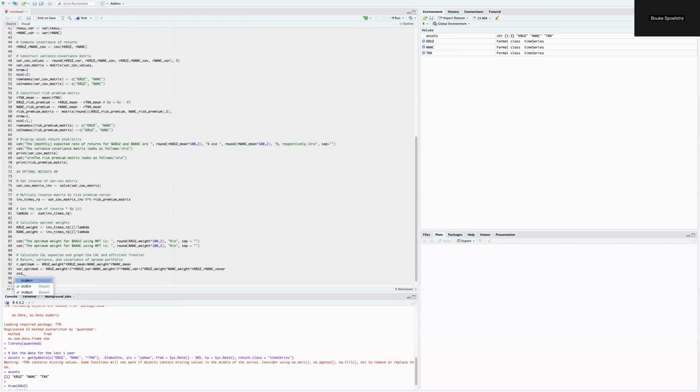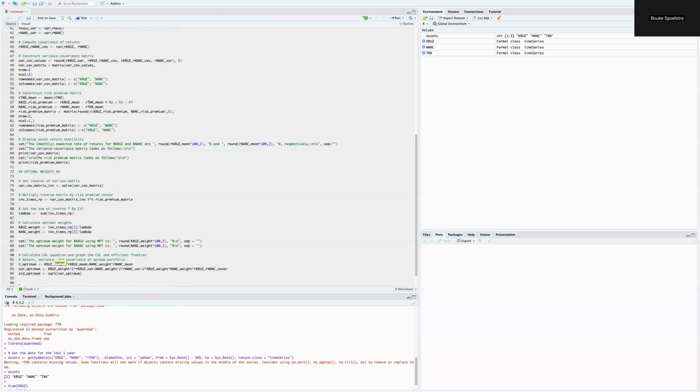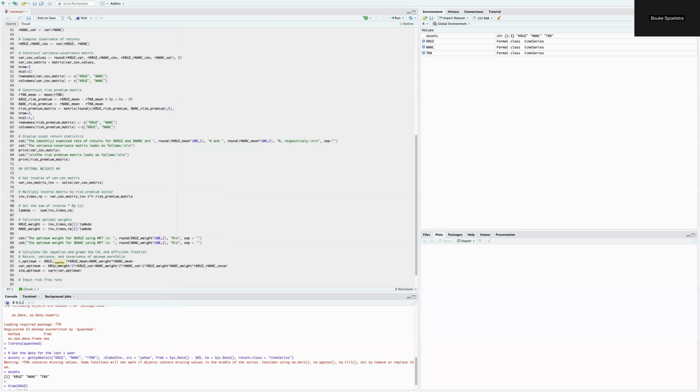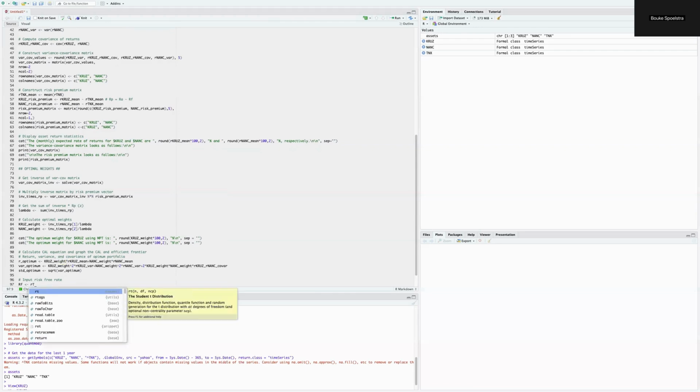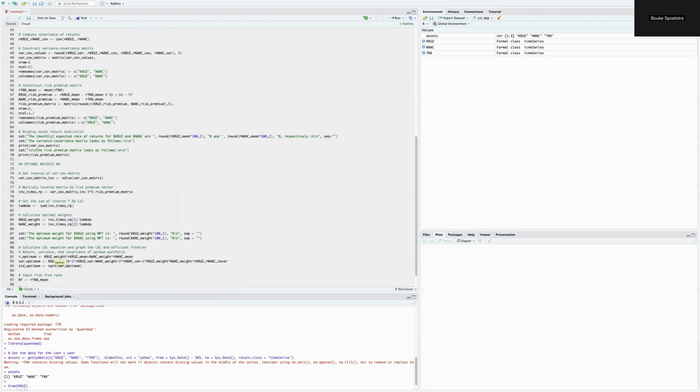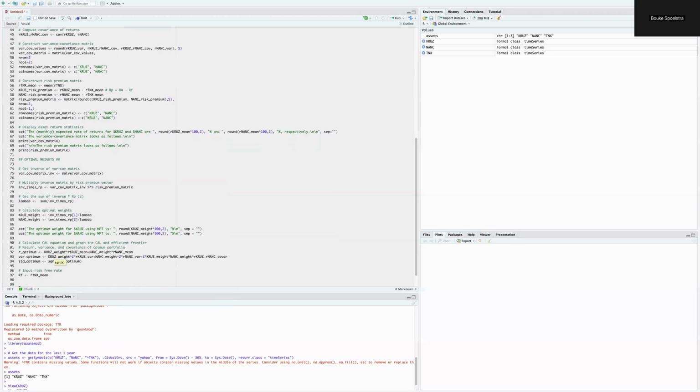Now the standard deviation of the optimum portfolio would just be the square root of this variance. Now we're going to input the risk-free rate. For that, just set the risk-free rate to our mean bond return.